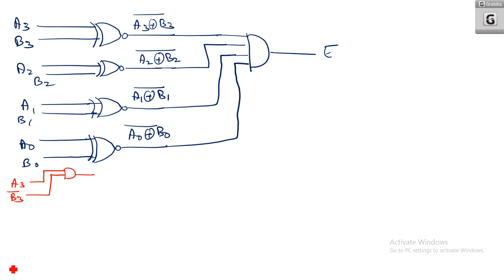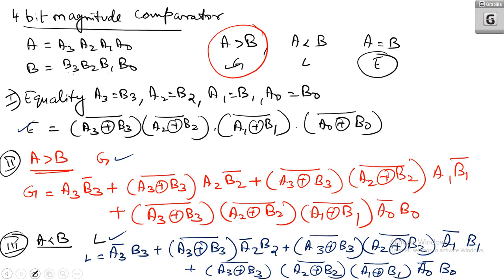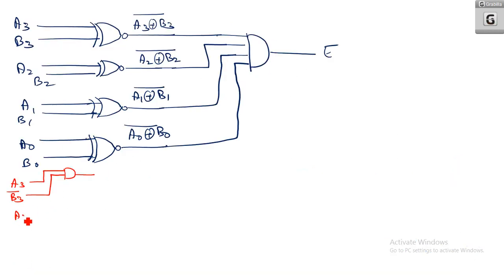Next one is A3 B3 bar, then A2 B2 bar, A2 B2 bar, this is A3 B3 bar, and this is A2 B2 bar.